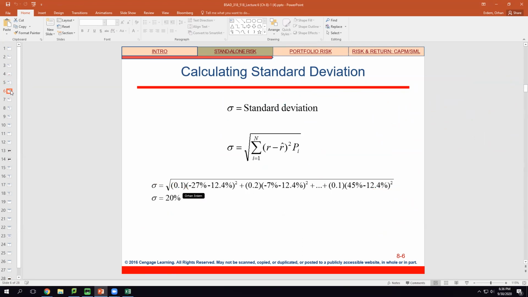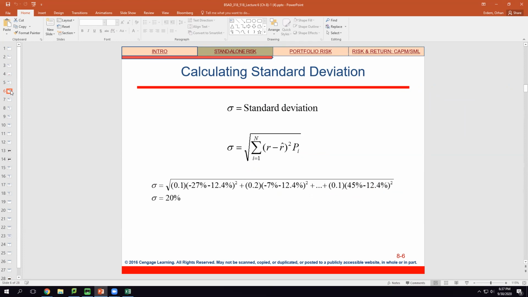You also use probabilities: you multiply the probability with the term, which is every single return minus the expected return.